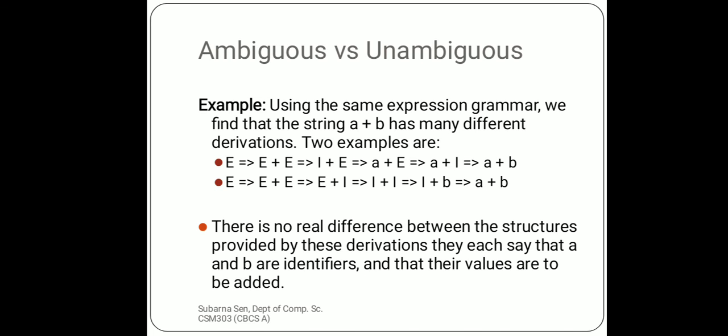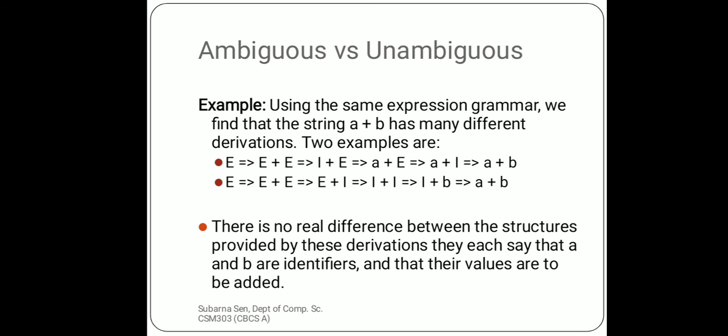We have so far learned very well what ambiguous is. Now if my expression is like this, e can derive e plus e, meaning if we have to generate a string a plus b, put whatever value of a and b you like. We are following two different approaches. In the first way we are replacing e with e plus e.